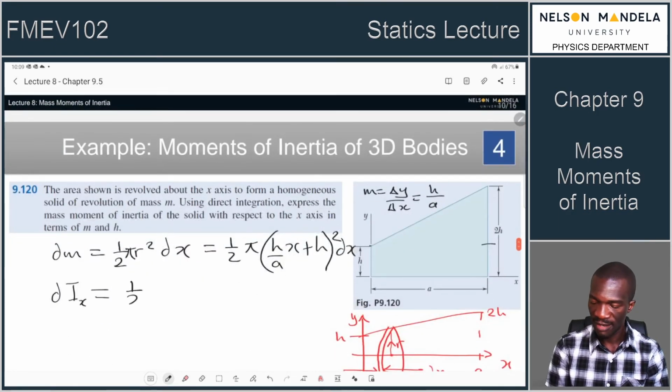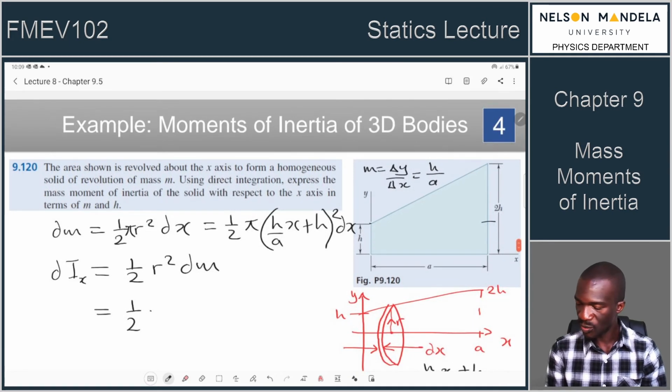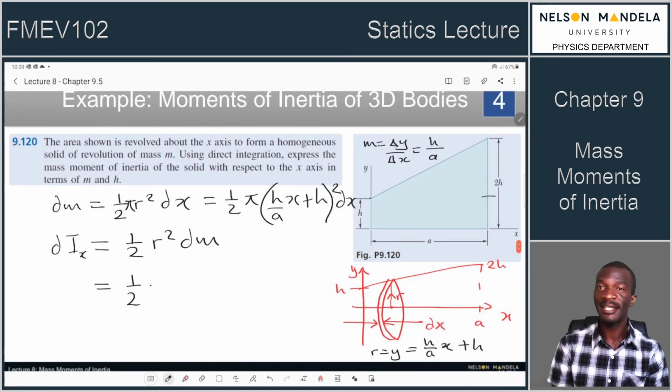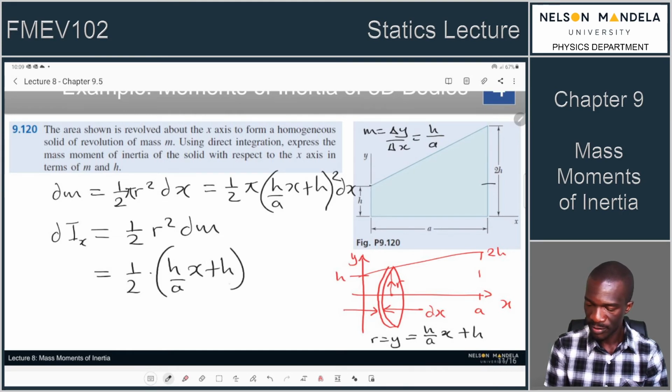So this would be half of r squared. R squared is the function squared. So we just want to square this r. So that's our h over a x plus h, all squared. dm, we already have it here.